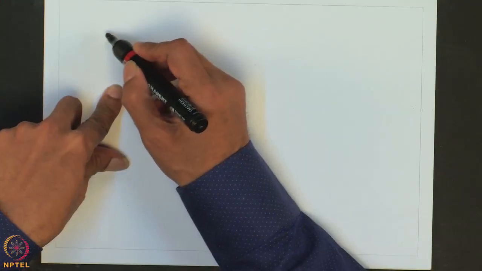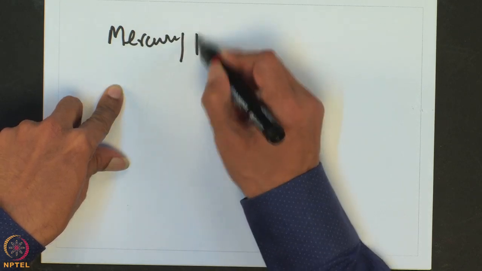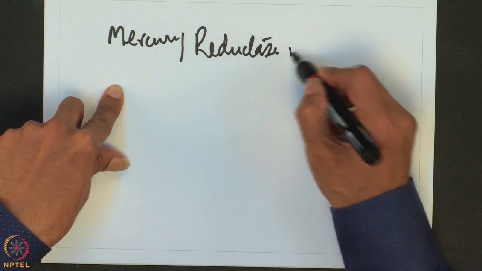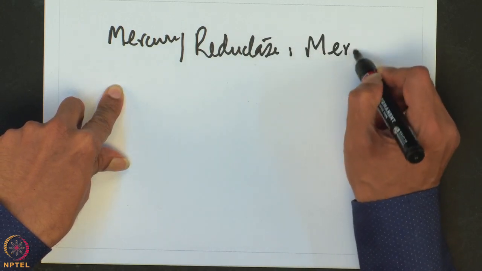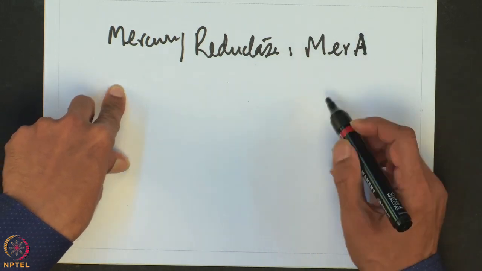The mercury reductase is written in short form as MER-A. This is the short form of this enzyme.